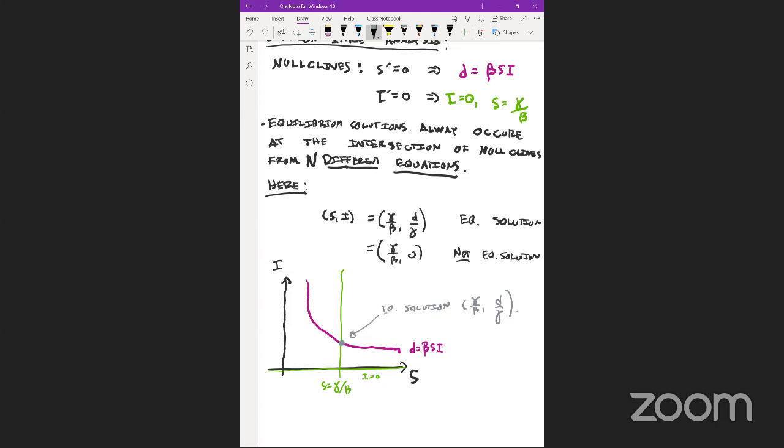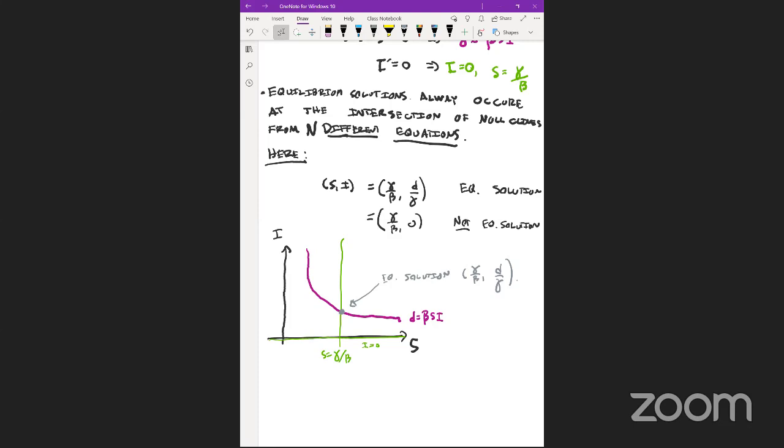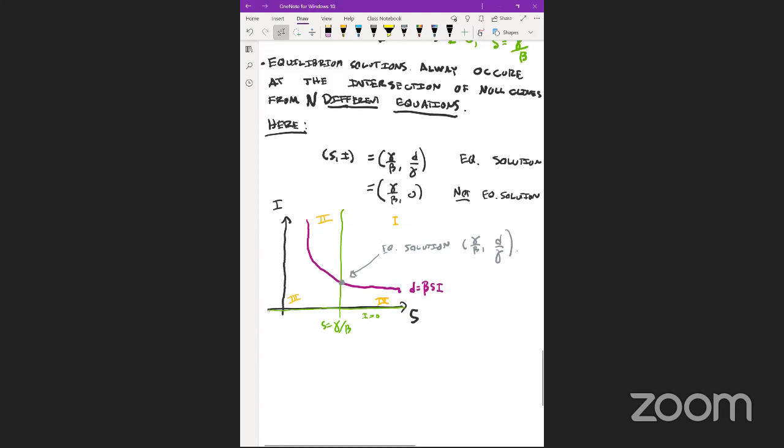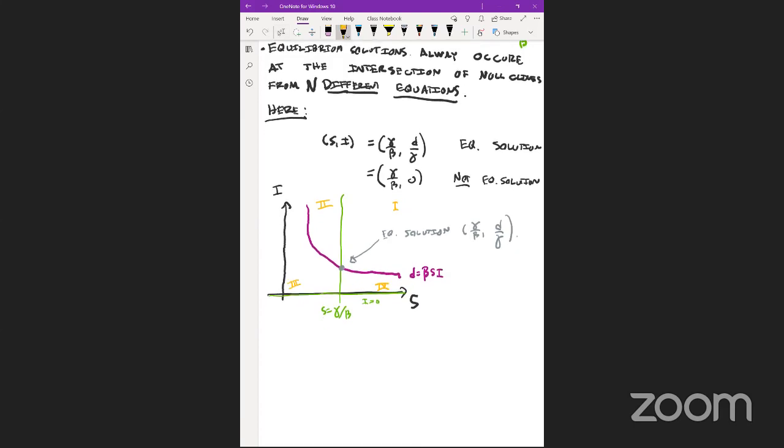All right. So now we've got 4 regions. Lightly mark them: 1, 2, 3, 4. And let's figure out the trajectories in each of them. Rough trajectories.